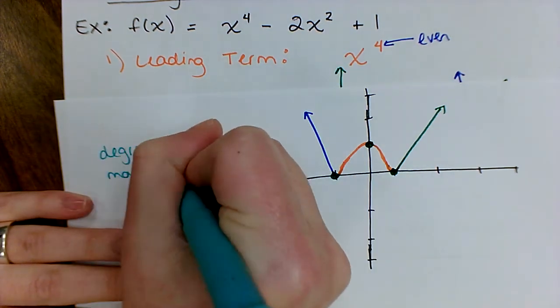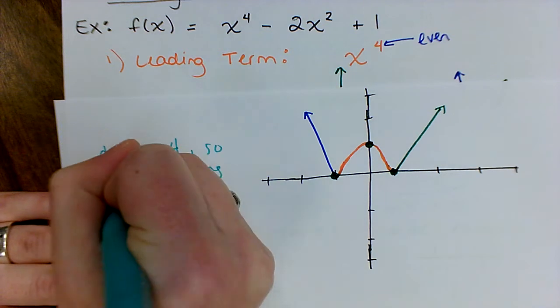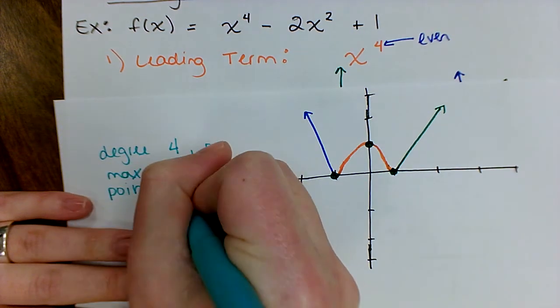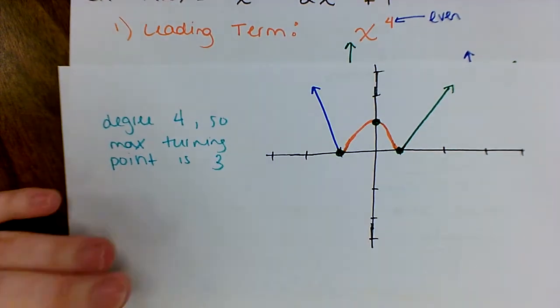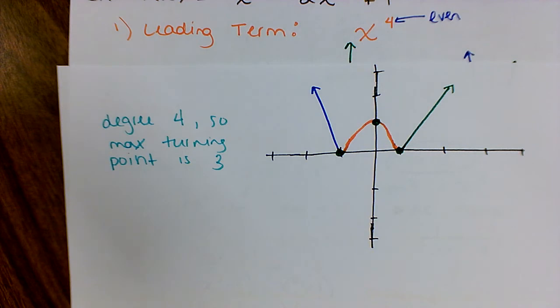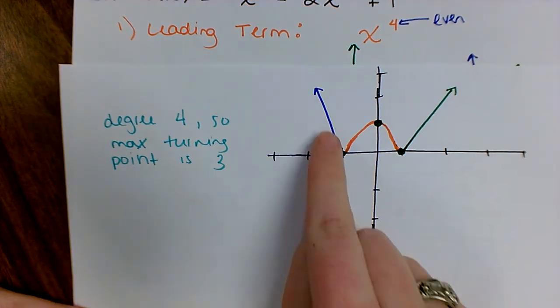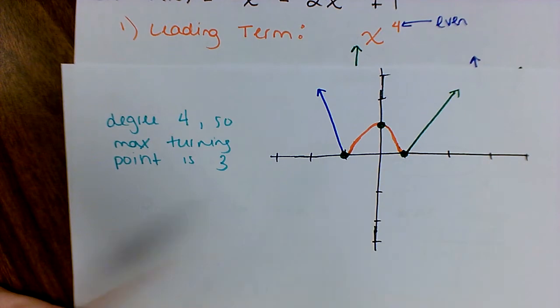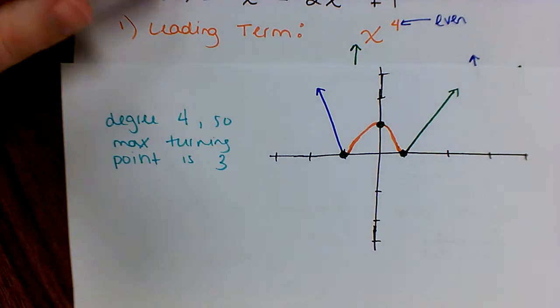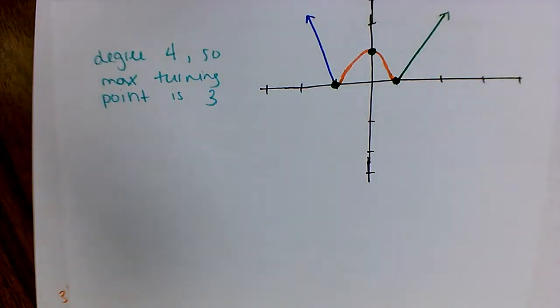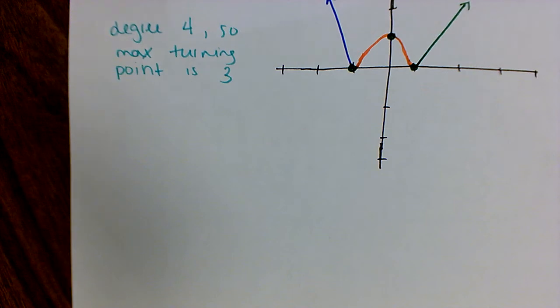So my max turning points are 1 less than 4, so it's 3. We can go in and check that I don't have more than 3 turning points, and you can see I have 1, 2, 3. So that's good. Let's do another example of a graph.